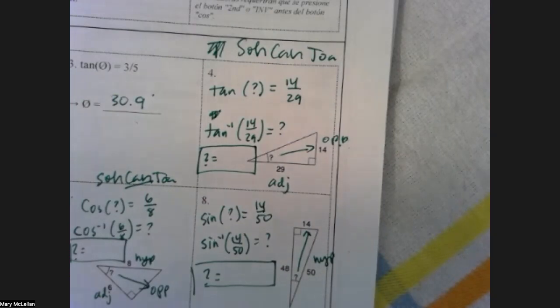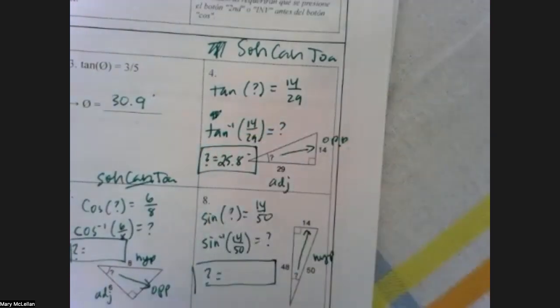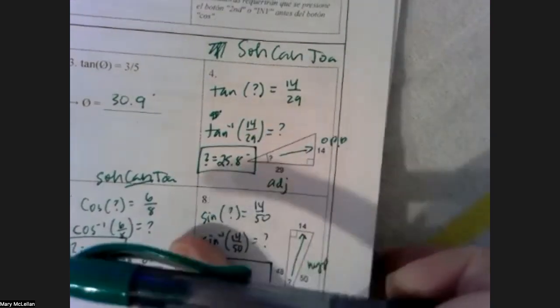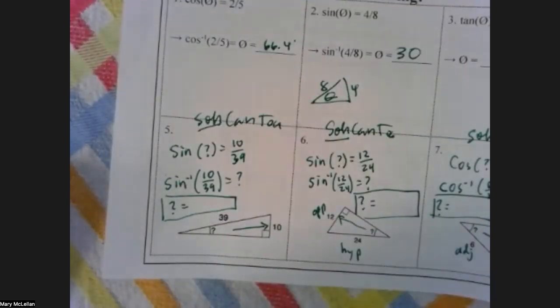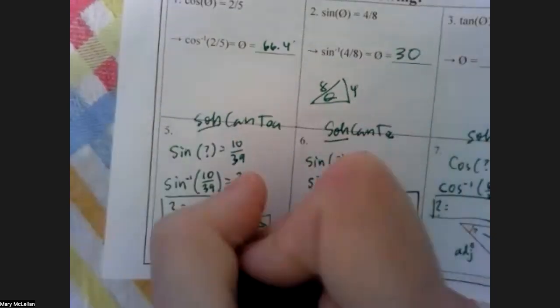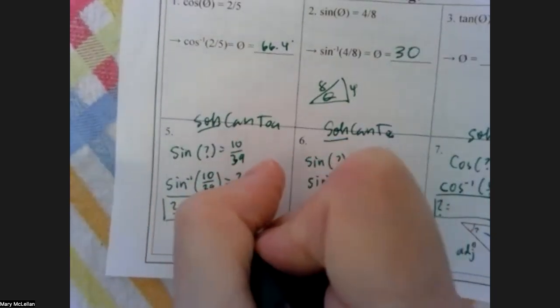Okay, first one is about 25.8 degrees. Next one, I'm plugging inverse sine of 10 over 39, and I get about 14.9 degrees.